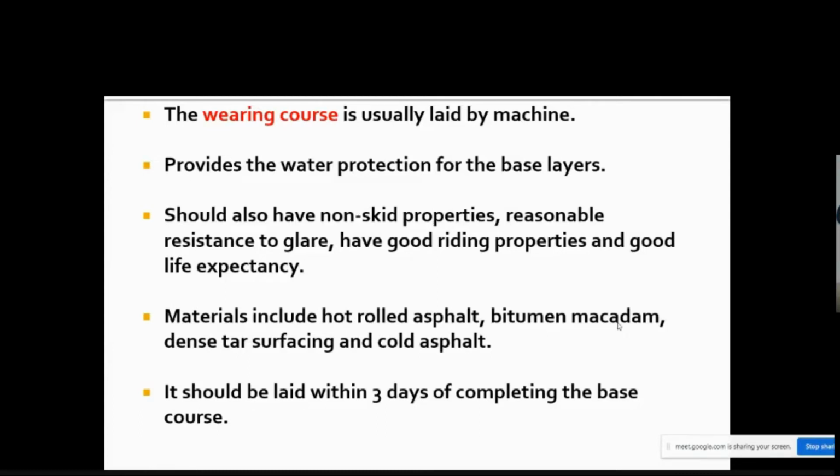There are certain roads where in the distance you see what looks like a sea. That is a mirage, I know, but they will try to reduce that as much as possible, resistance to glare. Have good riding properties. Riding properties, of course, you drive on the road. And good life expectancy. You want to have a road that can last for many years.